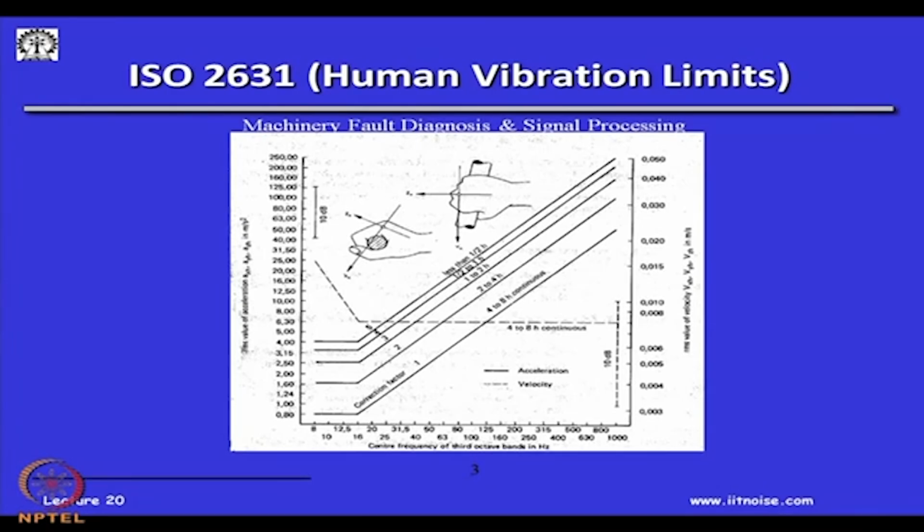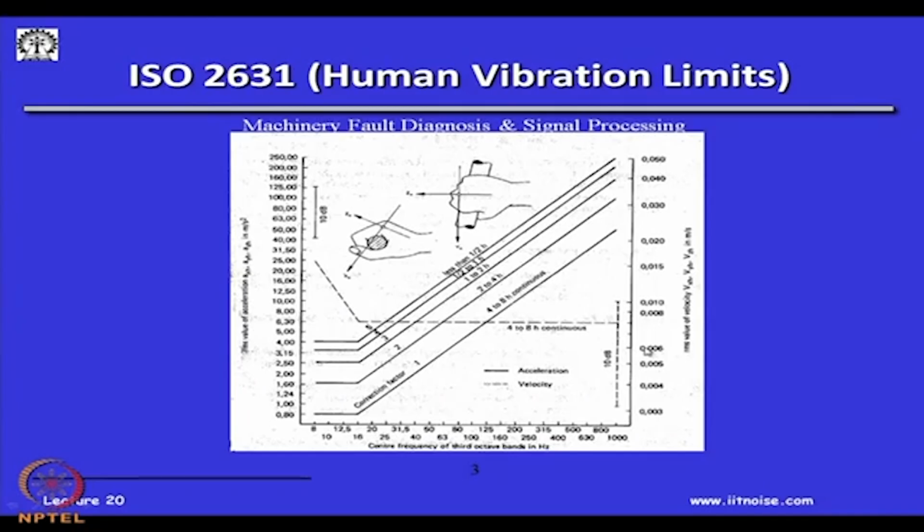So, if I have an operator holding on to a steering wheel for 4 to 8 hours, the maximum RMS level should be in this band, below this level. In machinery health monitoring, we are not talking about how to ensure that the levels are lower, but I thought you should know in this class that there are also standards for human vibration levels.